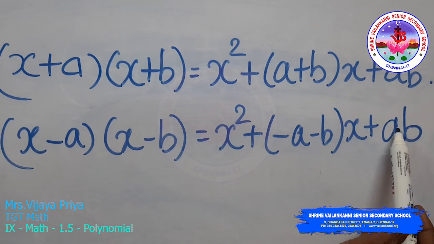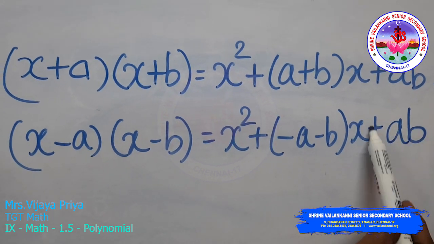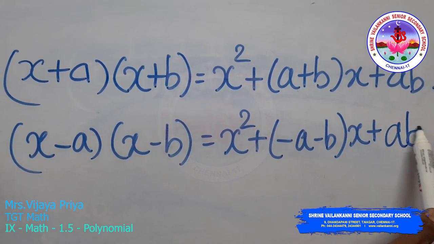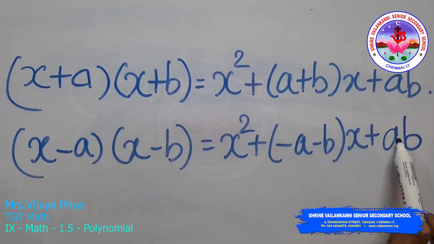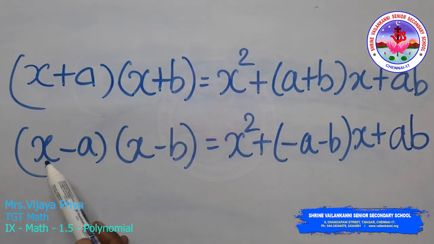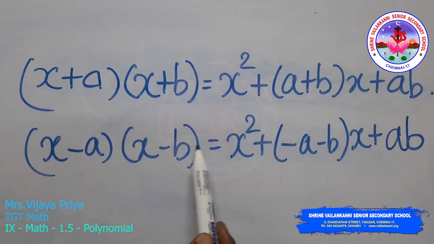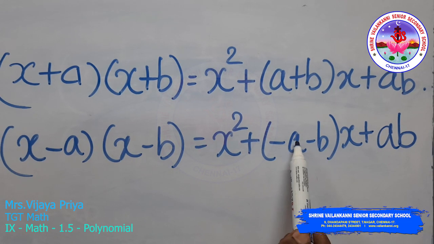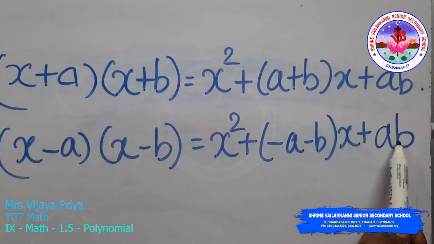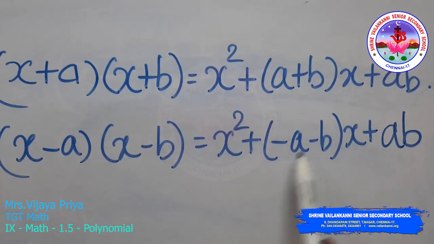Minus into minus becomes plus, so this last term never gets changed; you will have plus ab. So the formula (x − a)(x − b) is equal to x squared plus (−a − b)x plus ab. I am going to use this in my problem.